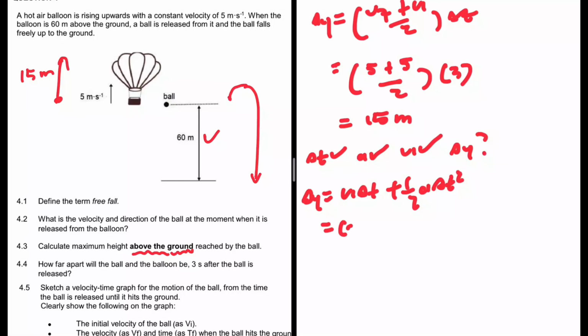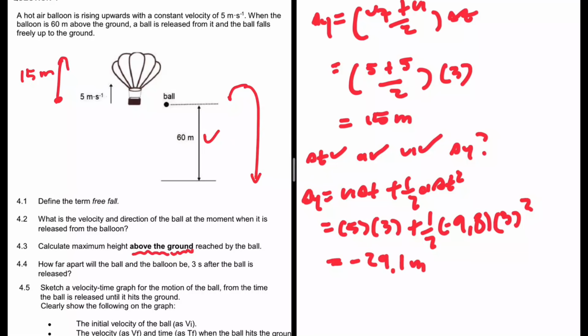So Vi is 5, delta t is 3, plus a half, acceleration is minus 9.8, delta t is 3, and then we square that. Then when I put that in my calculator, we get minus 29.1 meters. Okay, so the displacement of the ball is downwards.